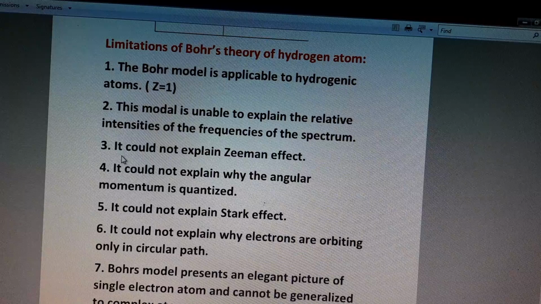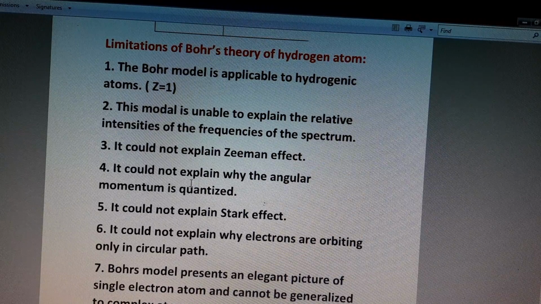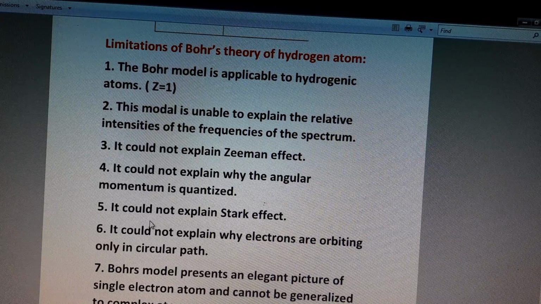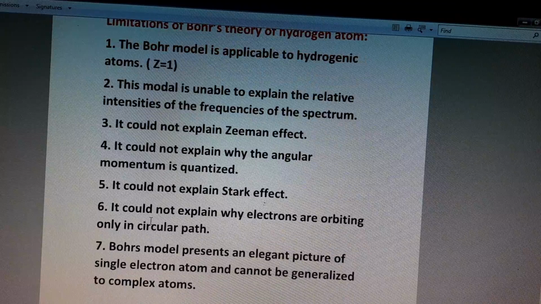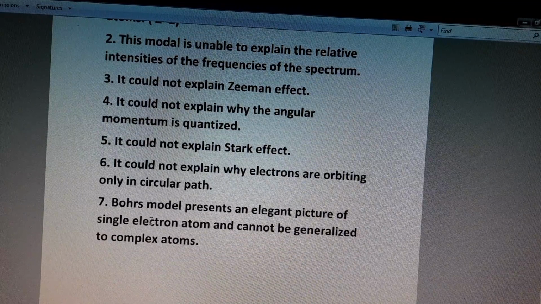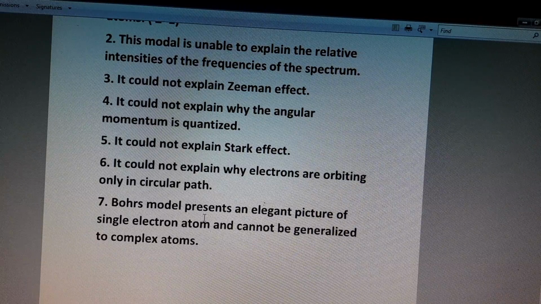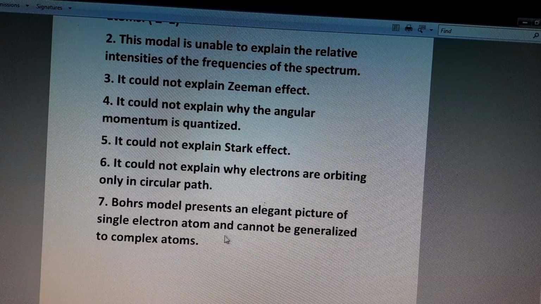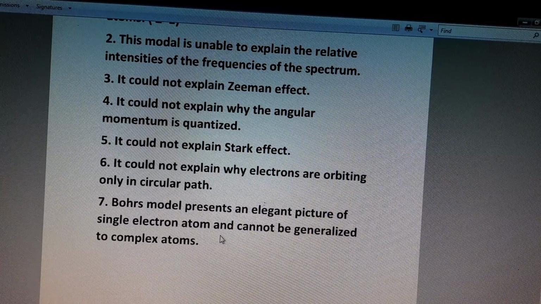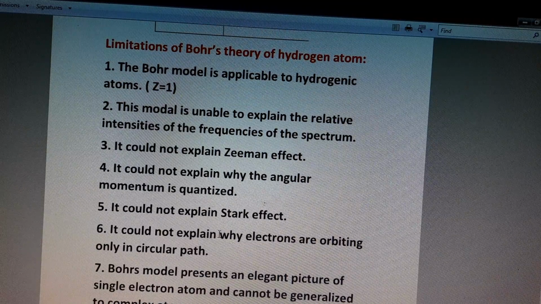In the same manner, it could not explain the Zeeman effect, and it could not explain why the angular momentum is quantized. It could not explain the Stark effect, and it could not explain why electrons orbit only in a circular path. The last one is that Bohr's model presents an elegant picture of a single-electron atom and cannot be generalized to complex atoms. So these 7 points are the limitations, the drawbacks, of Bohr's theory.